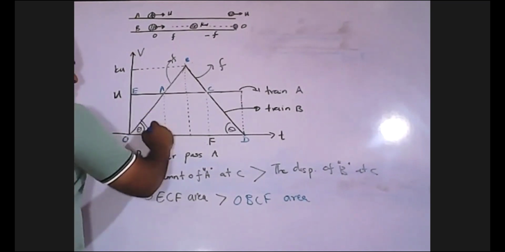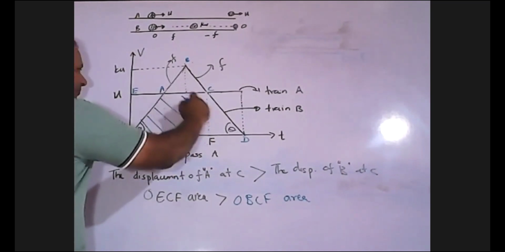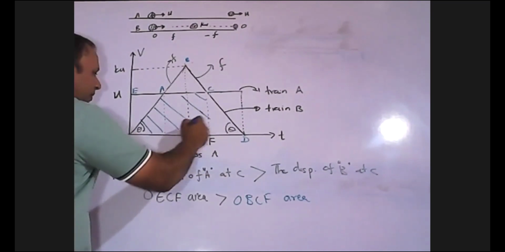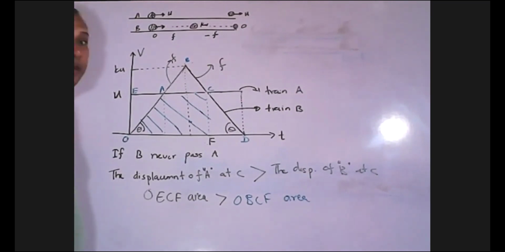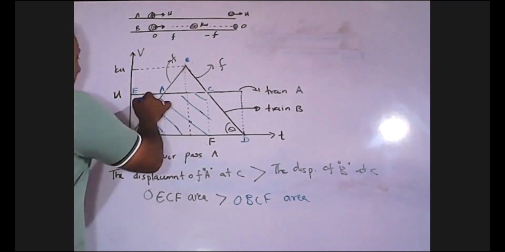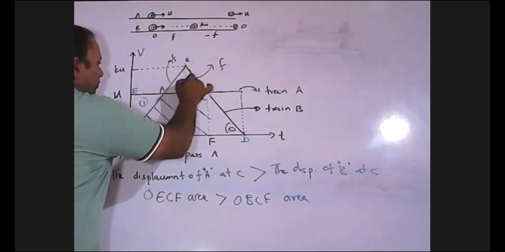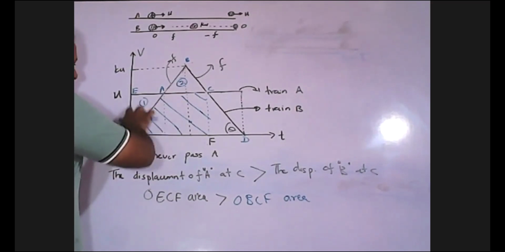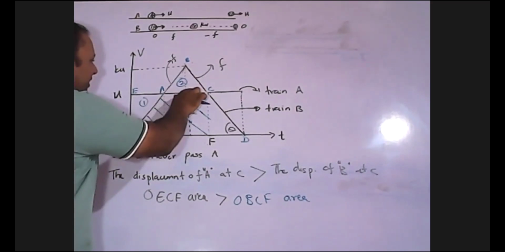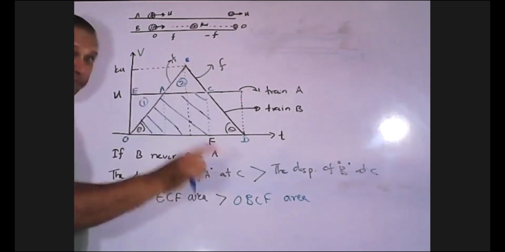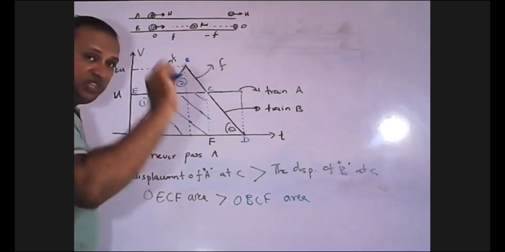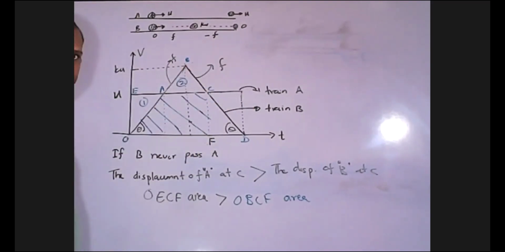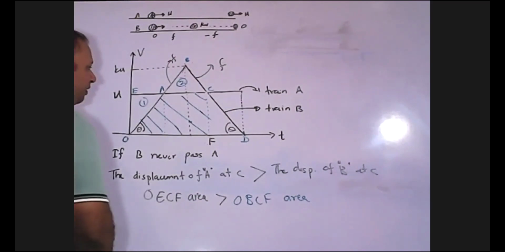This area is common for both trains. So you can remove it and compare number 1 and number 2. The area of this triangle is greater than the area of this triangle. That means the distance travelled by A is greater than the distance travelled by B.